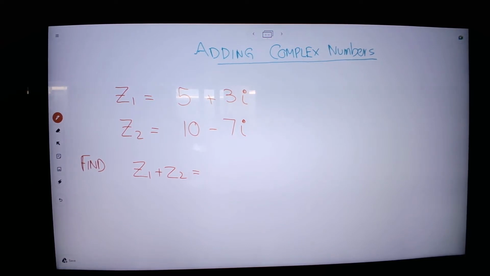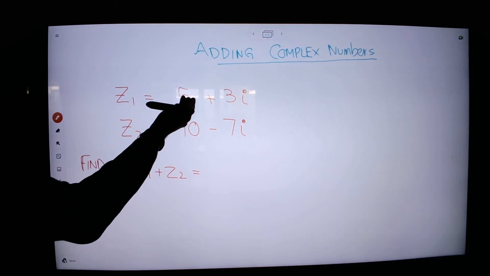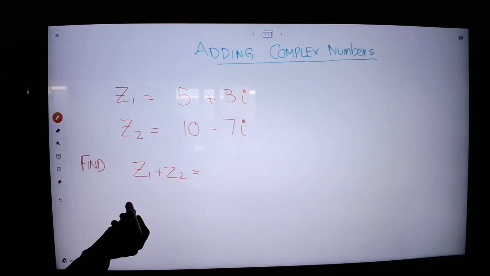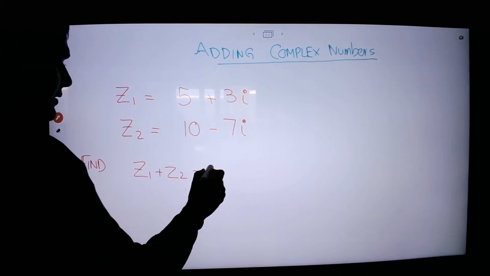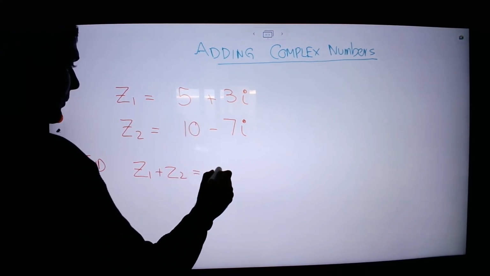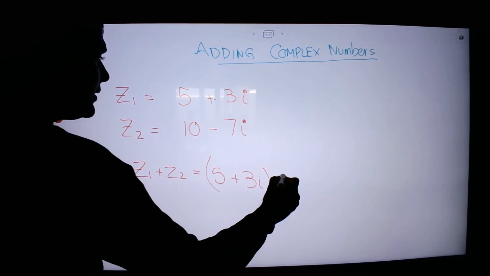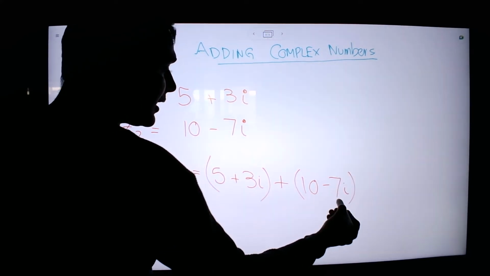To do that, I will put them in order and just add the real part to the real part and the imaginary part to the imaginary part, and that will be the answer. There are two methods of doing it. First, I'm doing the long method. I can do bracket 5 plus 3i bracket plus bracket 10 minus 7i bracket.